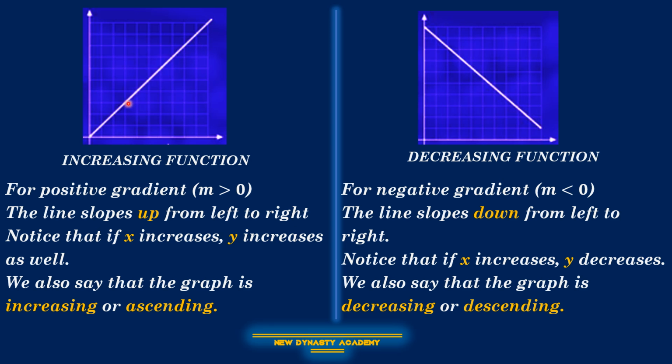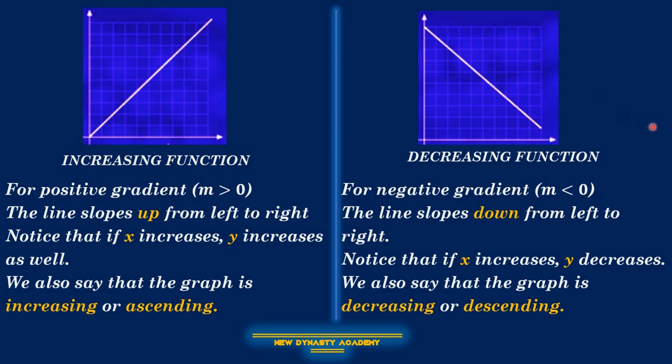Grade 9s, you always read your graph from left to right. So as you can see from left to right here, the graph slopes up. So as that is happening, notice how the x values are increasing and also the y values are increasing as well. Now we say that the graph is increasing or it is ascending.